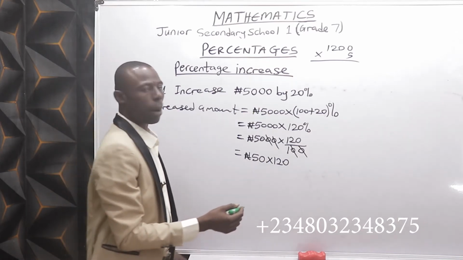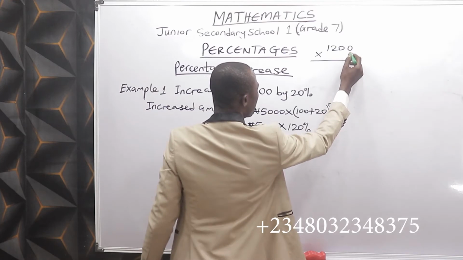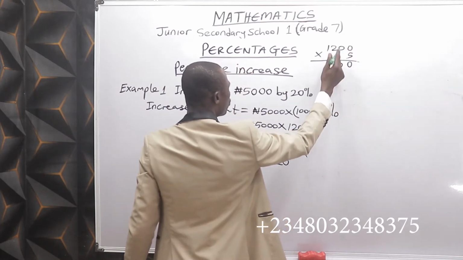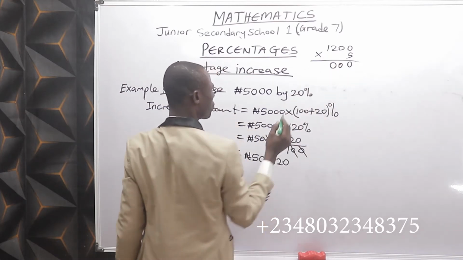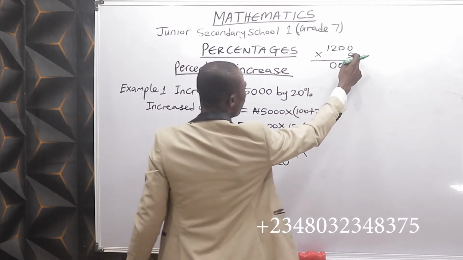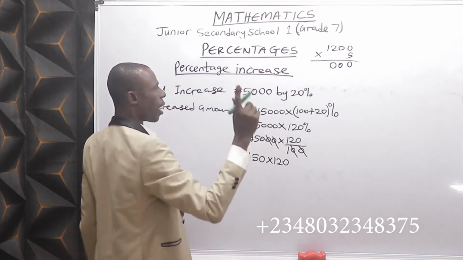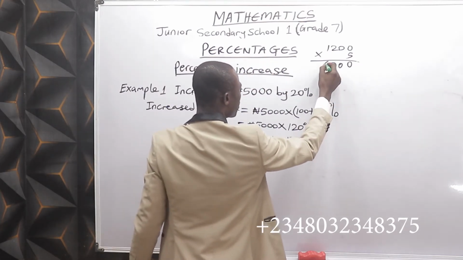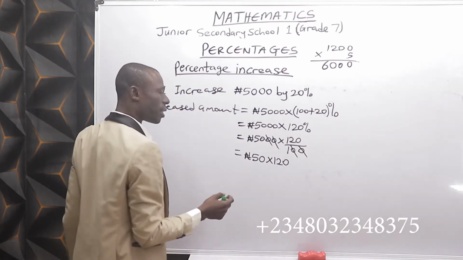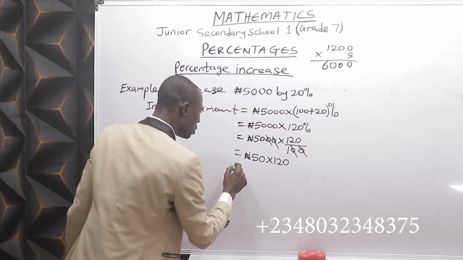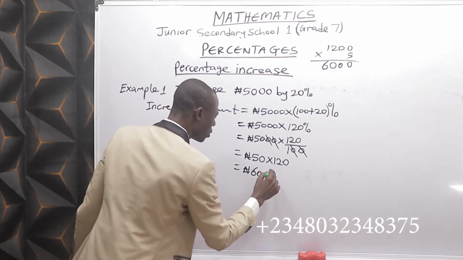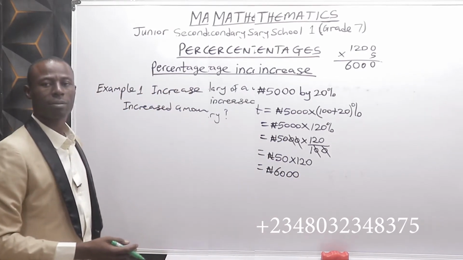See the method I'm employing. So 5 times 0 is 0. 5 times 0 gives 0. 5 times 2, that's 10. We write 0. 5 times 1, that's 5, plus the 1 we kept, making 6. And that is it. So the answer is 6,000. Therefore, the increased value is 6,000. You can see it has increased.